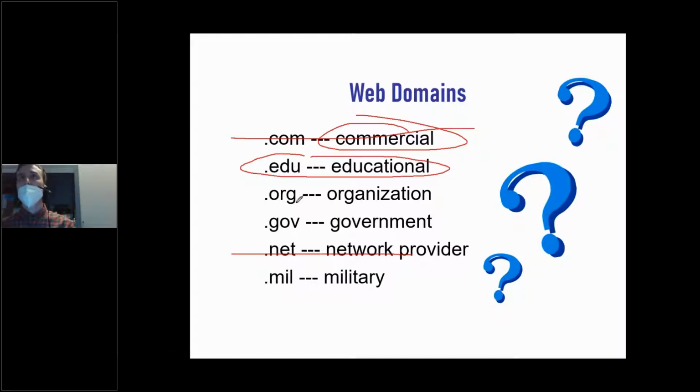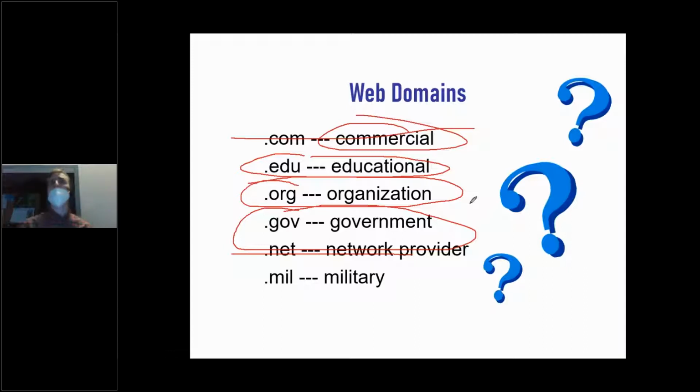.edus, .govs, again, for authoritative, reliable information. .orgs are typically good, but even .orgs can sometimes, depending on the organization that's hosting that site, have some kind of agenda. They may have some kind of political affiliation, so we want to be careful.